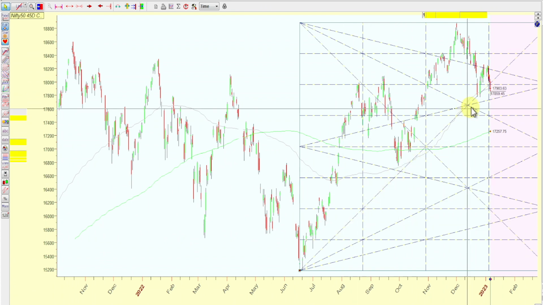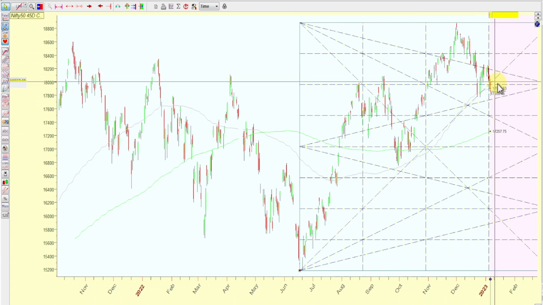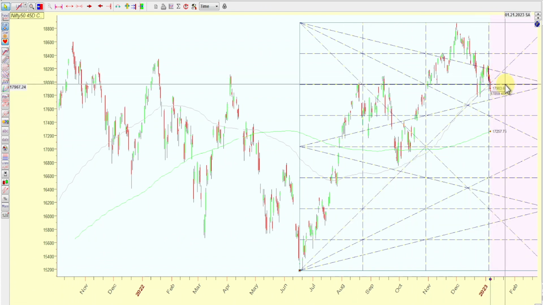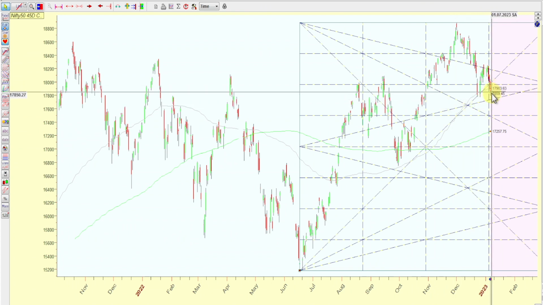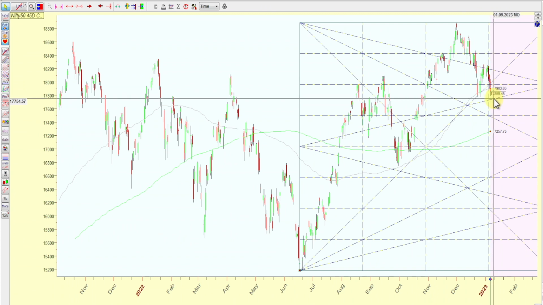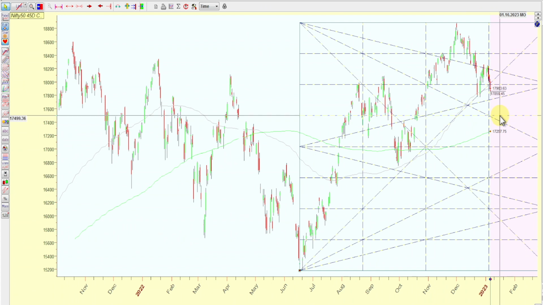And it broke this 1 by 2 right here. Now it's below this level of 17,961. You've got this angle creeping up here, so if it's going to find support, it's going to find it here. But if it doesn't, that's somewhere around 17,743. If this doesn't hold, this is going to be another key level from squaring the range, 17,499.